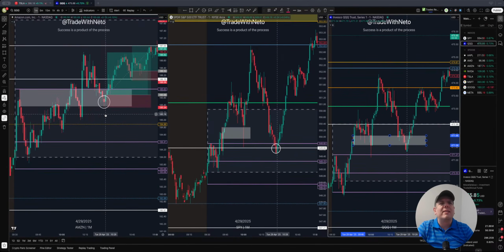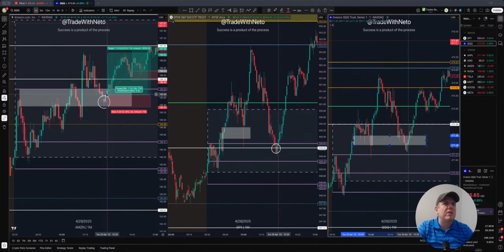So I really like this candle, the second green candle, to enter into a position here, just because Amazon was respecting market structure, and even with this drop on SPY and QQQ, Amazon was holding well. Once we had this second green candle and we were reclaiming this 5 minute opening range and this order block, I entered into this position here.